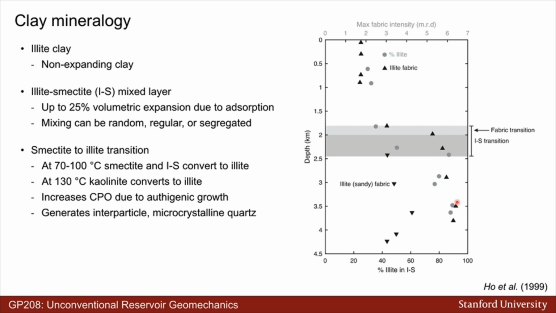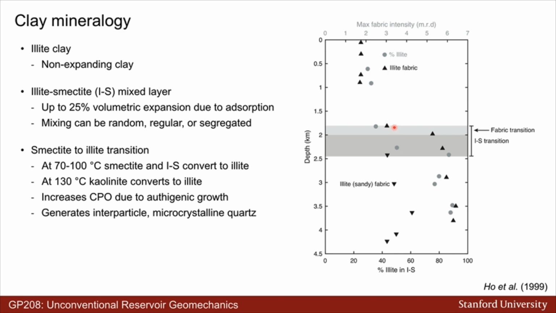The other aspect of this plot that's important is actually the fabric of the rock. So this means how well aligned are these clay particles in the structure. And as we're going to see later in the lecture, this actually is extremely important for the anisotropy of the rock. And so what we can see is that if we look at just these black triangles here, the illite fabric is, again, fairly constant until we get to about 2 kilometers where this illite-smectite transition is occurring.